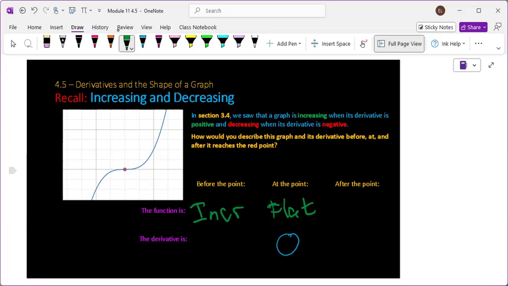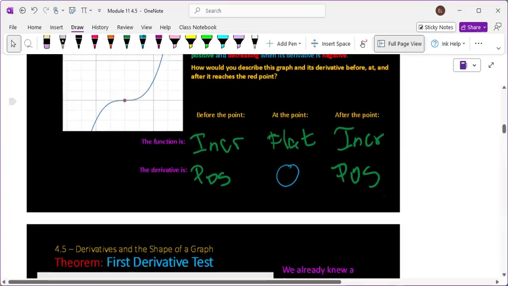And then after the point, it keeps increasing. So what happens with our derivative then? Yep. And then after the 0? So on our derivative, the graph is going to come down to the x-axis, touch it, and then go back up. So we see increasing. The thing that is changing here, it appears that the curvature of the graph is a little bit different, but we'll come up with those terms in a minute.